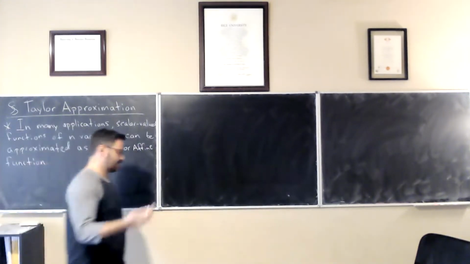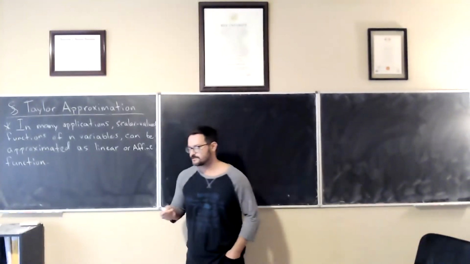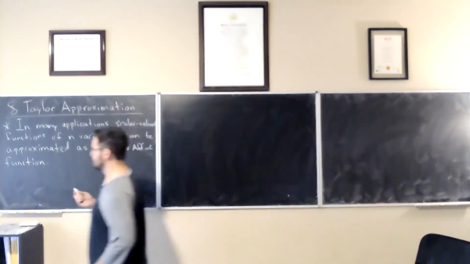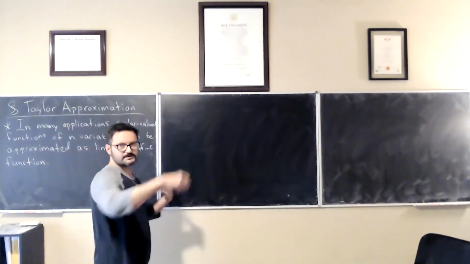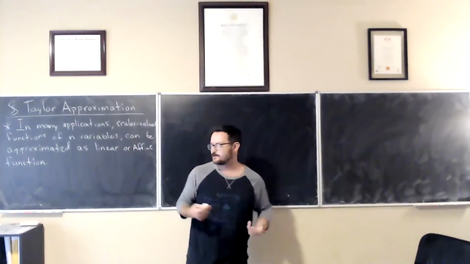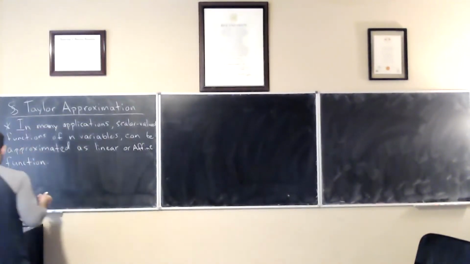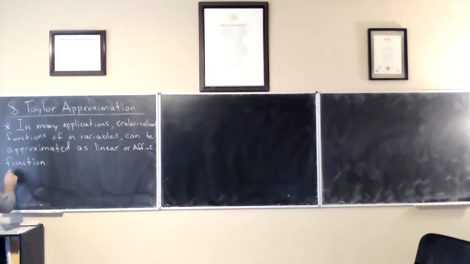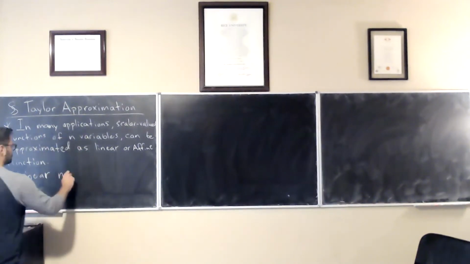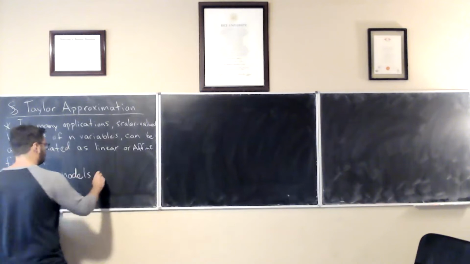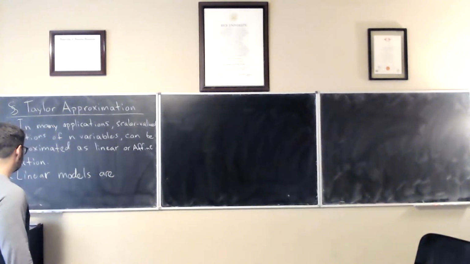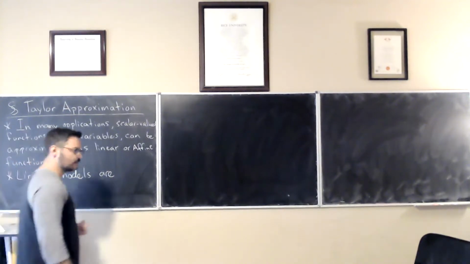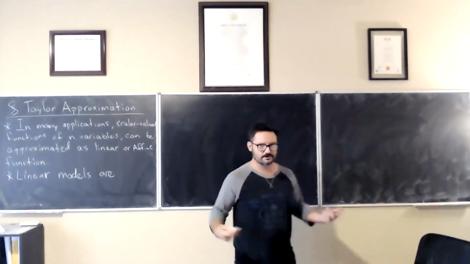If we think back to the linear regression that we did last time, the model that we built was a linear approximation to the data, and the data was not linear, it bounced around a lot, but it was good enough. So basically, what I'm trying to say is that linear models are not only the best model to start with, but will actually probably be the one that works more often than not.